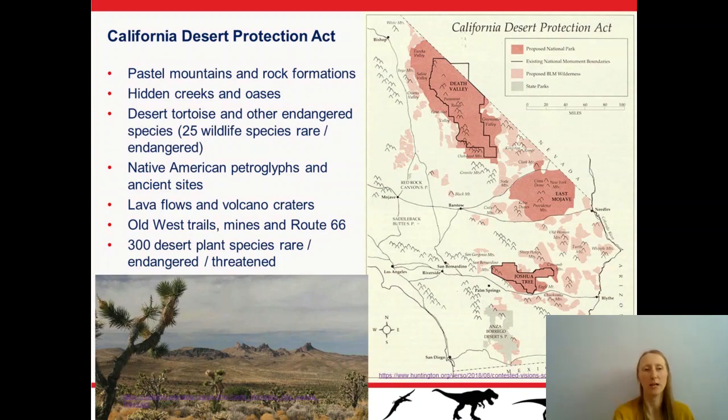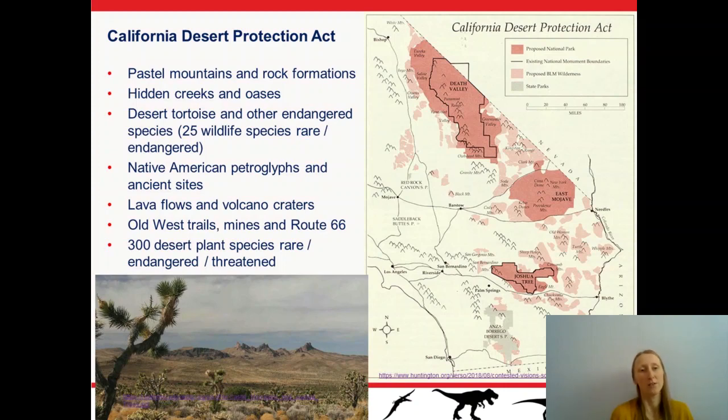That outdoor recreation is actually limited, and you have to have permits to go to certain areas. But because they brought this Protection Act in, they've since had an increase in the number of desert tortoises. There are around 25 species that are wild or endangered that live within the California desert, hence why they've brought this act in to help those species continue to live.